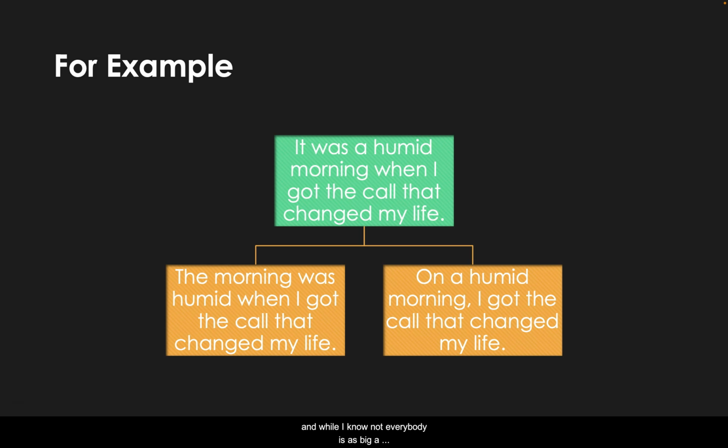And while I know not everybody is as big a grammar nerd as I am, I do think that if you read either of the two revised sentences in orange, you'll see that they are a lot clearer and a lot more compelling to read. The morning was humid when I got the call that changed my life. Or, on a humid morning, I got the call that changed my life. By eliminating the word it at the beginning of your sentences, you're going to make your ideas a lot more immediate for your readers, which is what you're going for when you are editing your work.